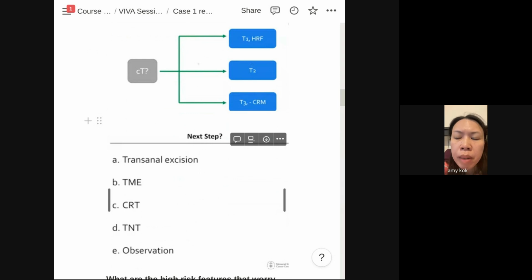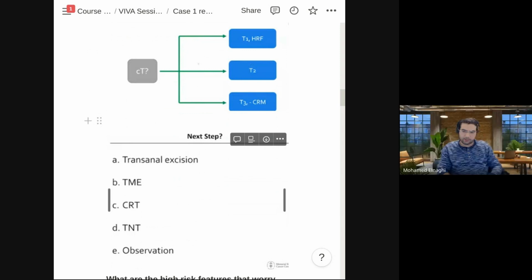But my concern is that the pathology showed some worrying features: the margin is positive, and there is also some lymphovascular invasion. So I think the risk of lymph node mets in this case is higher than maybe 10%. So for my discussion with this patient, I would offer surgery to her, but of course I will discuss the options.